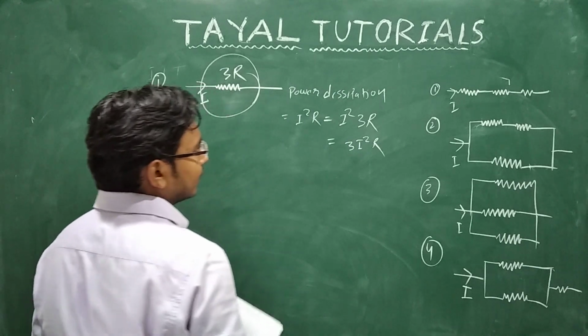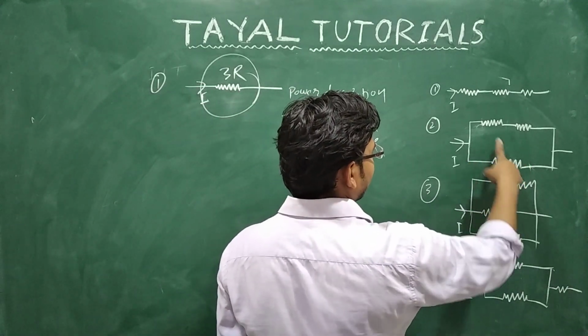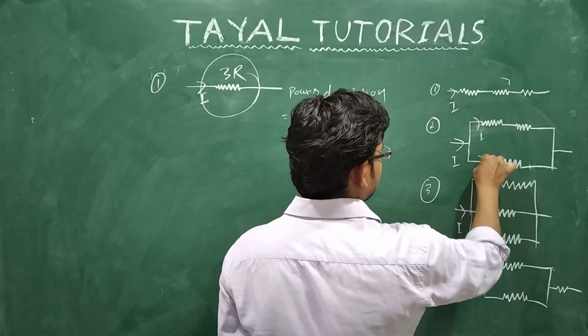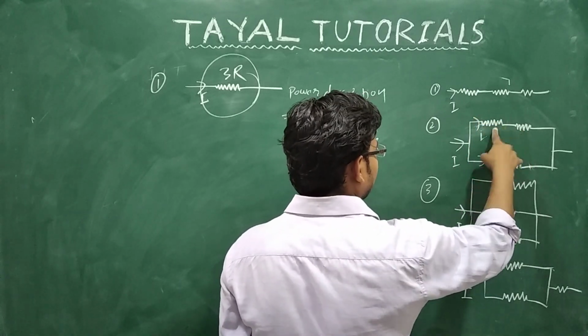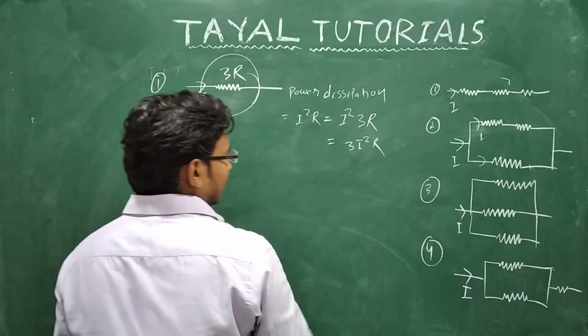Second option, you can see that these two resistances will be in series, and that will be in parallel with this one, because when the current gets divided, the current will be the same in these two resistances, and that is in parallel with this. Let me get the equivalent.